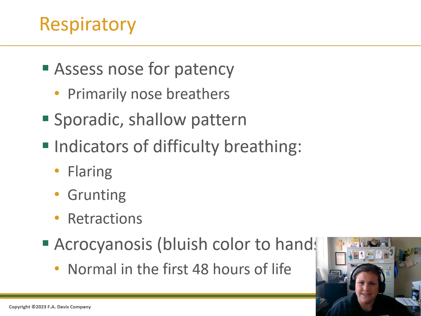If we're trying to identify indication of difficulty breathing, the things we're going to most often see are nasal flaring, which is that outward movement of the nostrils when the child is breathing in. Grunting. Grunting is a sound that you hear when the child's exhaling, or on expiration, and it has to do with the partial closing of the glottis structure. And then retractions, and we're pretty familiar with retractions already. That's that accessory muscle use in the diaphragm.